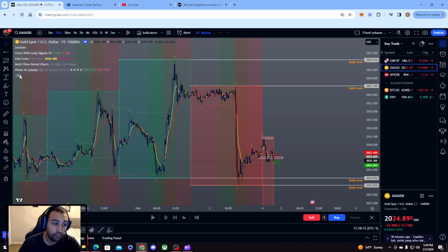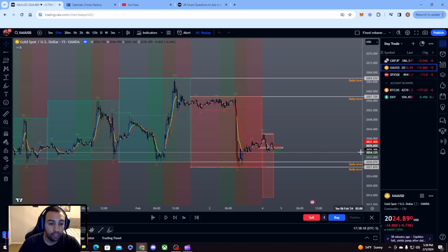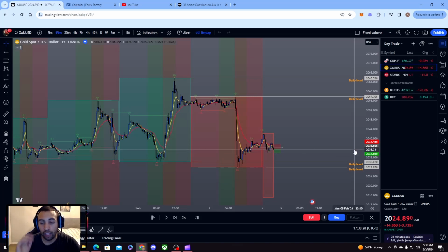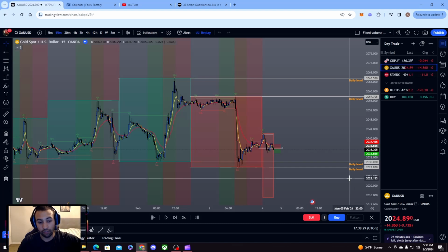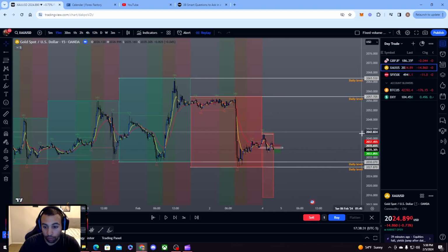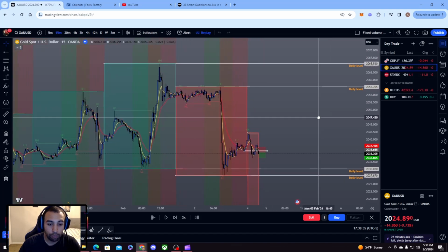So what I like to do with this indicator, these big green and red candles, right? What I like to do with them is just draw my highs and lows from the daily levels using this indicator. So I use yesterday's level, and then the previous day's level. For example, in this one, my two daily levels would be from Friday, which is this one right here.